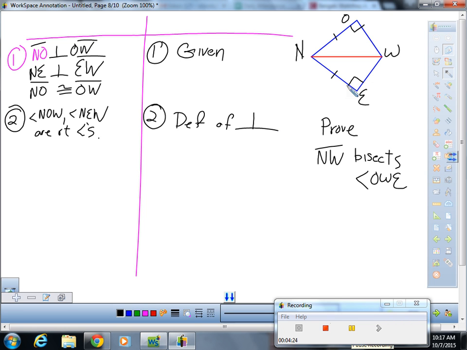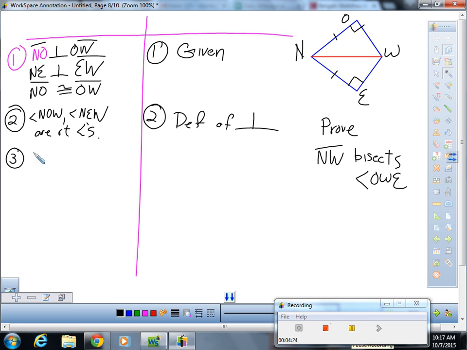Now it's apparent that our triangles are right triangles. In my class, you do not need to state that they are right triangles, because we've just stated that they're right angles. I've got that one of the legs of the top triangle is congruent to one of the legs of the bottom triangle. In order to use HL, I need to show that their hypotenuses are the same.